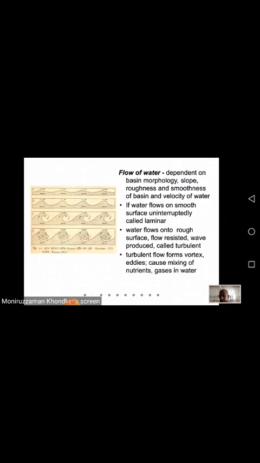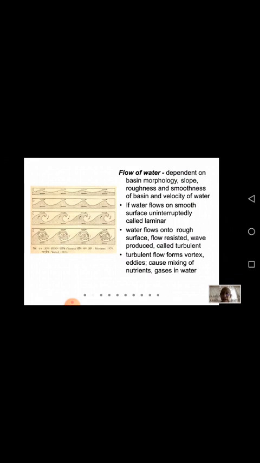Laminar flow occurs where the basin morphology and topography is almost smooth. But if the water flows on a rough surface, then the water gets turbulent, and the flow is resistant.